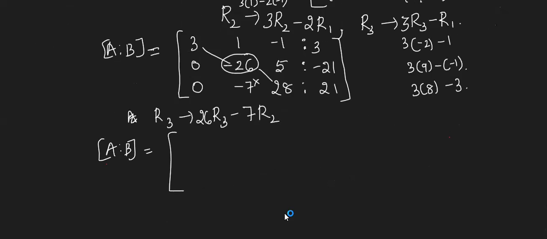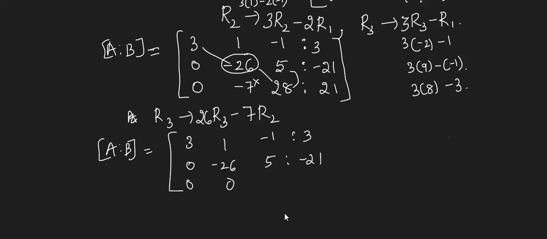What do I have to write as it is? First 2 rows. 3, 1, minus 1 is to 3. 0, minus 26, 5 is to minus 21, 0. Now when you apply it, this is surely 0. Next, 28 and what do I have to take? Either 5 or minus 1. 5, we have to take because we have to consider the R2 element.